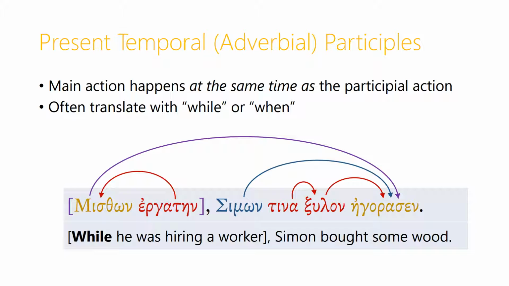So the main action is buying. Simon tina xulon egorasen. Simon bought some wood. And then the participial clause describes action that took place at the same time. When did Simon buy some wood? While he was hiring a worker. Misthon ergatein.